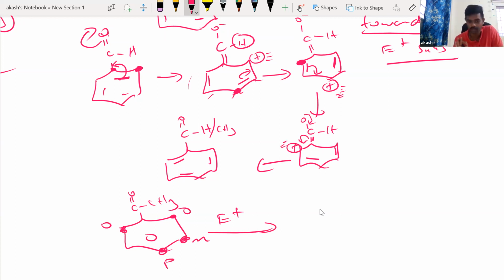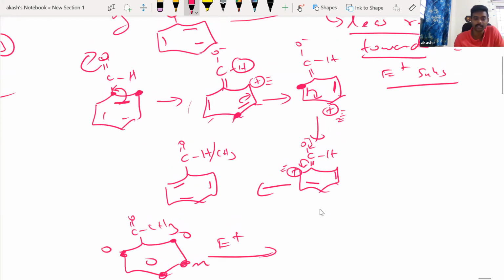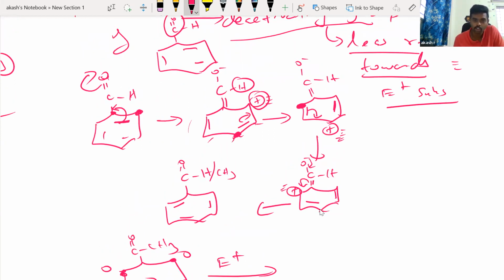Now you understand from the resonance structures that in the ortho and para positions there is already a positive charge.